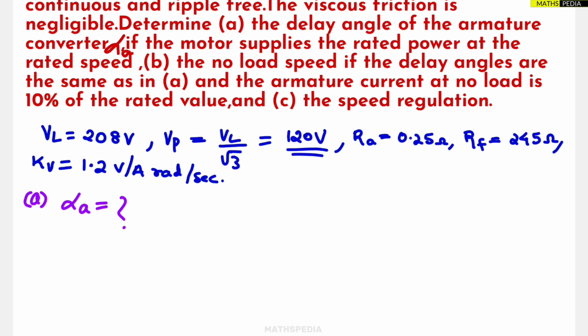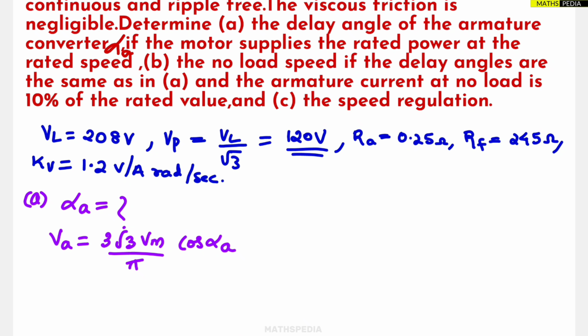What formula will be applied? We know the formula of the three-phase full converter for VA. VA is related to alpha A, and VF is related to alpha F. The VA formula is 3 root 3 Vm by pi cos alpha A. Where is Vm?